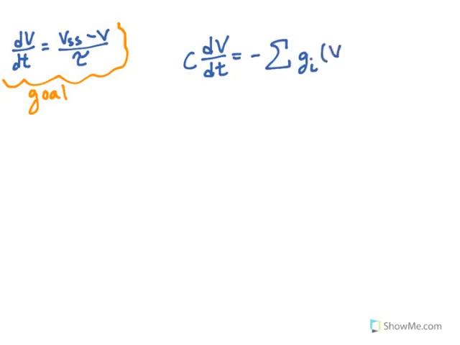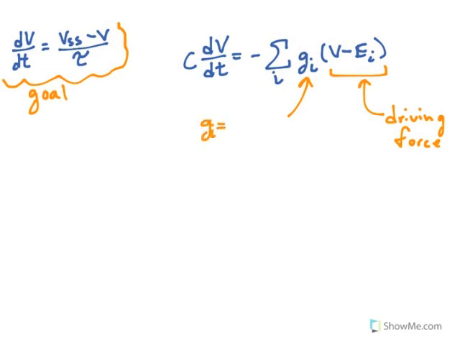What I'm going to do is first multiply this negative into each term in this sum, and I'm also going to distribute this Gi into this term here. Once we do that, we have C dV/dt equals the sum. I'm going to drop the i in the sum because there's only one sum anyway.